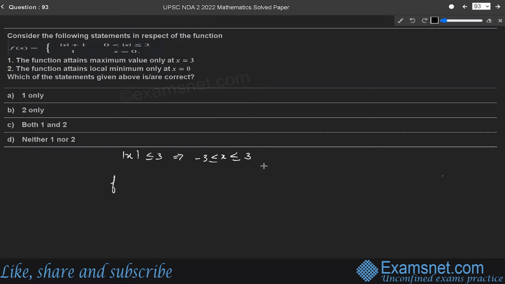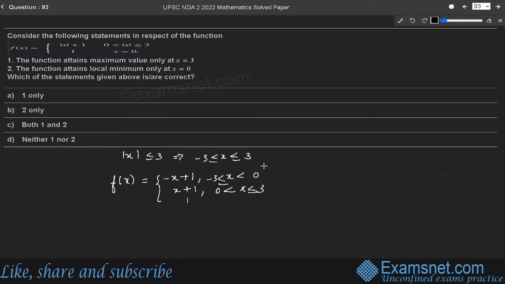So we can say that f of x will be equal to minus x plus 1 when x lies between minus 3 and 0, f of x will be x plus 1 when x lies between 0 and plus 3.